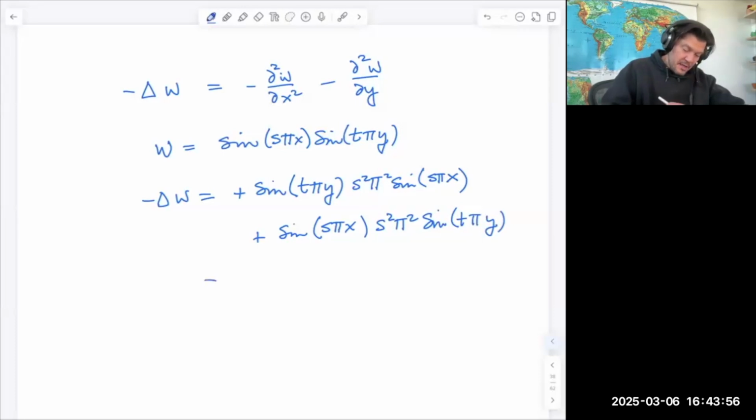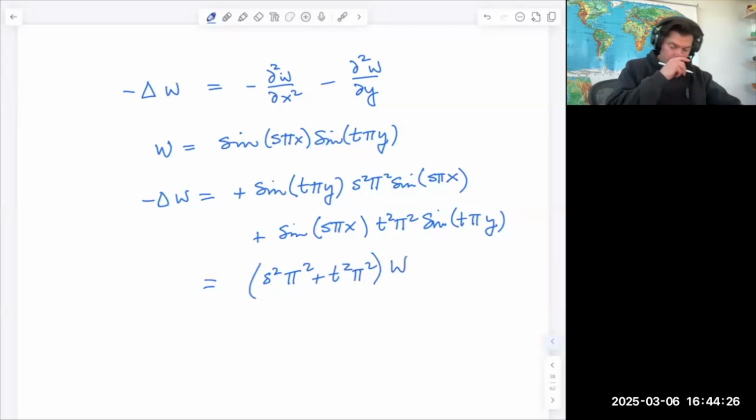So I can see that I can do some manipulation here, because I can pull out s squared. Oops, I made a mistake here, so this should be a t squared. It should be s squared pi squared plus t squared pi squared times w.